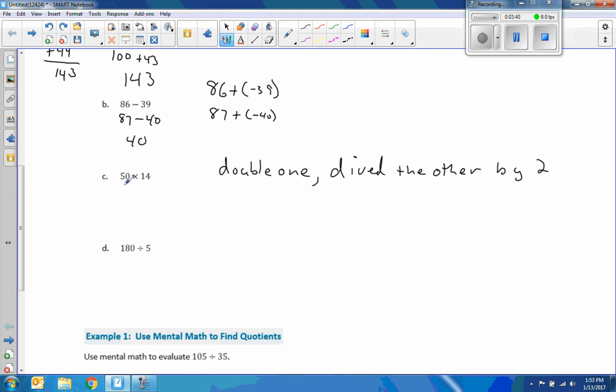So if I multiplied 50 times 2, and I multiplied 14 by a half, which is the same as dividing by 2, then I have multiplied by 2 here, divided by 2 here, and 2 divided by 2 is 1. And whenever we multiply by 1, we get the same answer because that's called the multiplicative identity. So if you multiply by 1, you still get the same number.